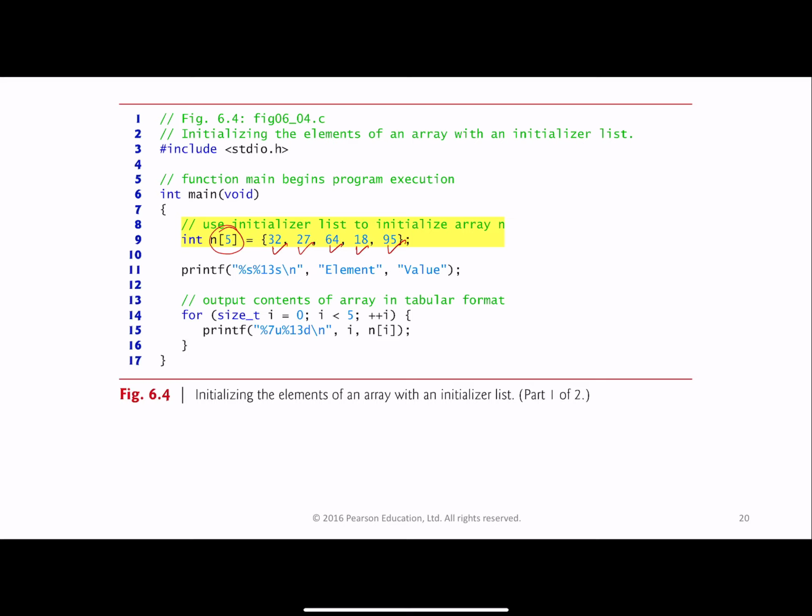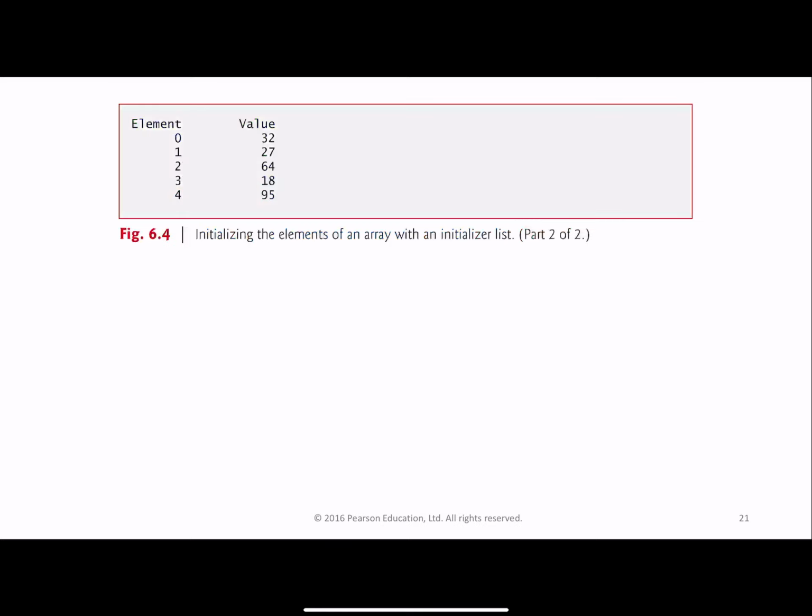And after that, we're doing pretty much the same thing as before. We're printing out the column header, and then we have a for loop that has a size_t counter variable i that goes from 0 to 4, less than 5, and prints out the indices and the values stored in each element of the array. And if you run this, the output will look something like this.